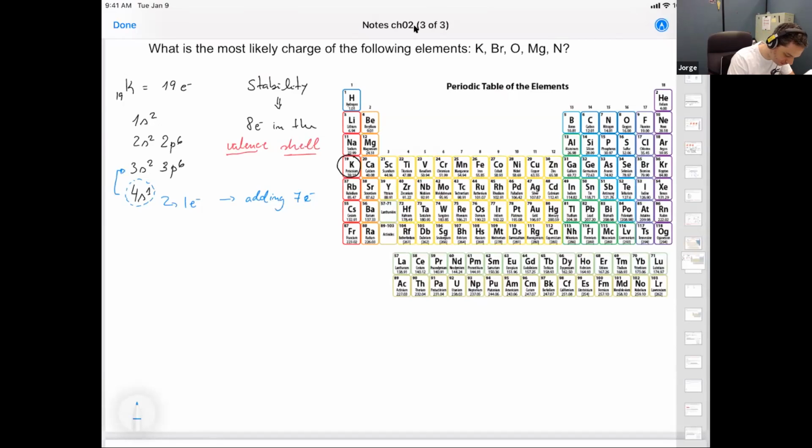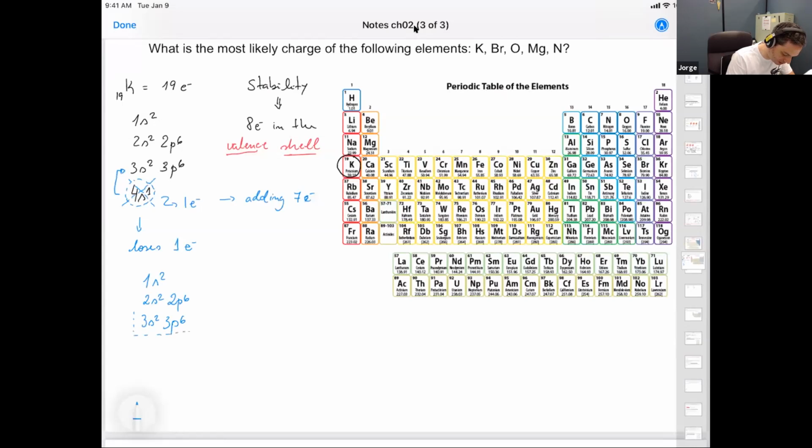Therefore, if this element loses just one electron, this shell is going to be gone. And now the new configuration is going to be 1s2, 2s2, 2p6, 3s2, and 3p6.